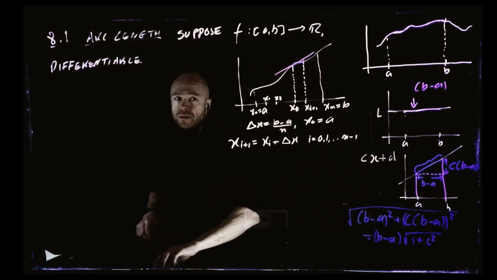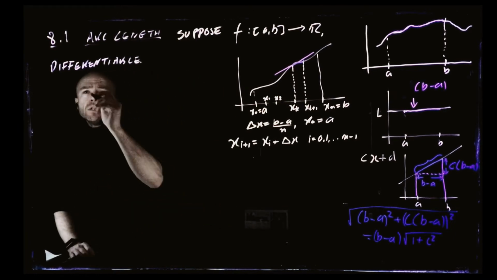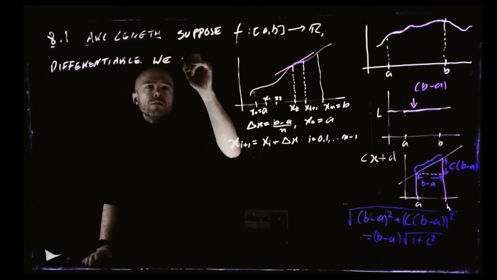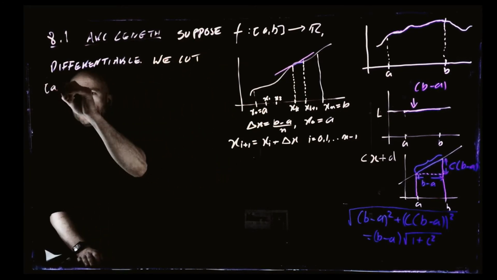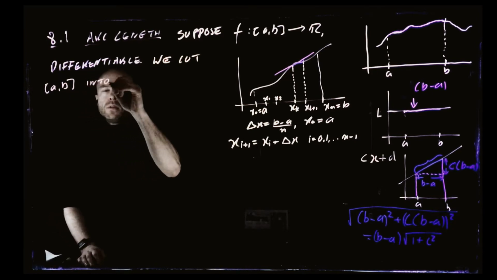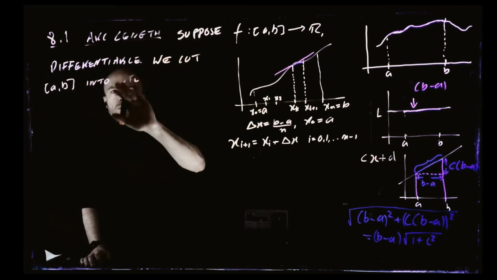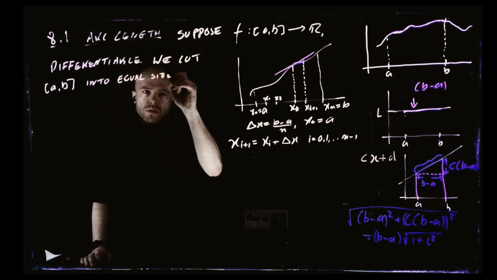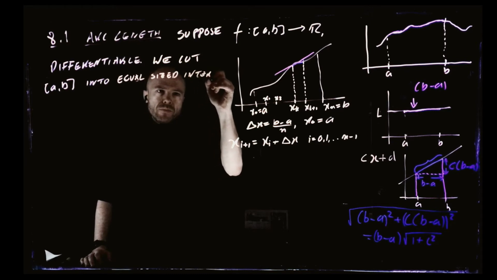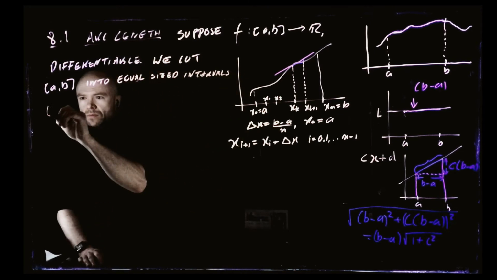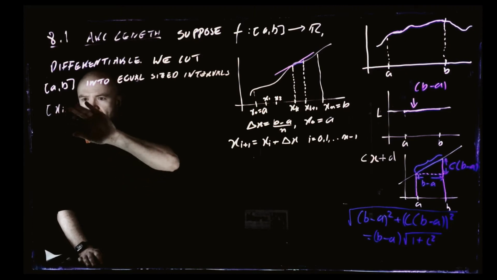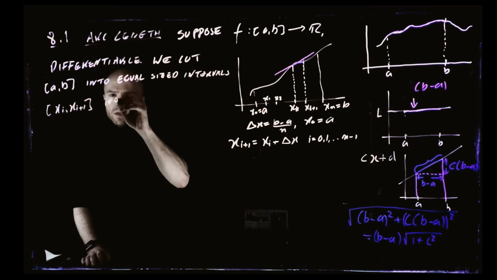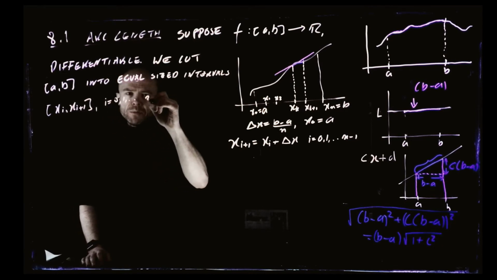So let me write in words what we're doing. We cut a to b into intervals, let's say equal size intervals, xi to x_{i+1}, where i goes from 0, 1, all the way up to n minus 1.